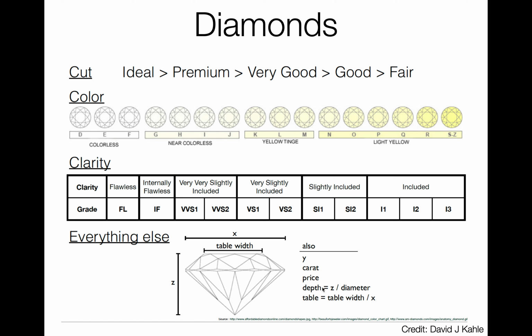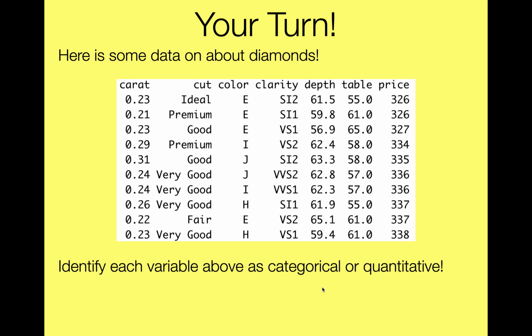This picture gives you a background of the diamonds data set. Here is the your turn. I give you this data set on diamonds, which has a number of different variables. I want you to identify each variable as either categorical or quantitative. I'm going to stop there.